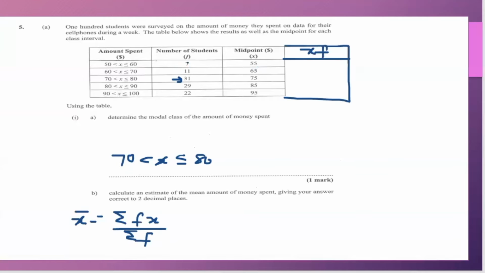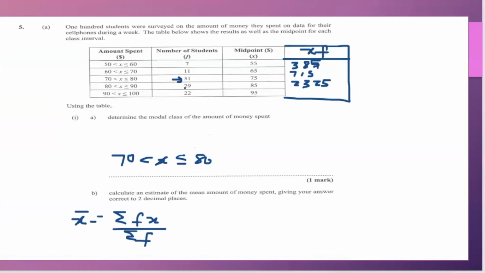I will say 7 times 55, that's 385. And I'll have 11 times 65, that's 715. And I'll have 31 times 75, that's XF. That will give me 2,325.